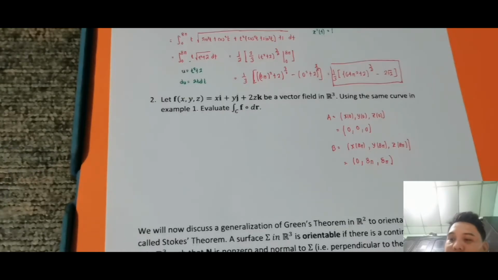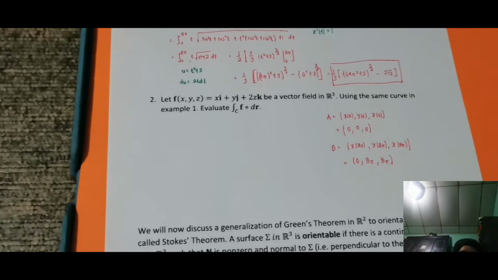Okay, so ano bang problema natin next, no? Paano ba natin hahanapin yung potential vector nung ating x sub i plus y sub j plus 2z k? For the potential vector, we all know that the partial derivative nung capital F with respect sa x ay equal sa x.